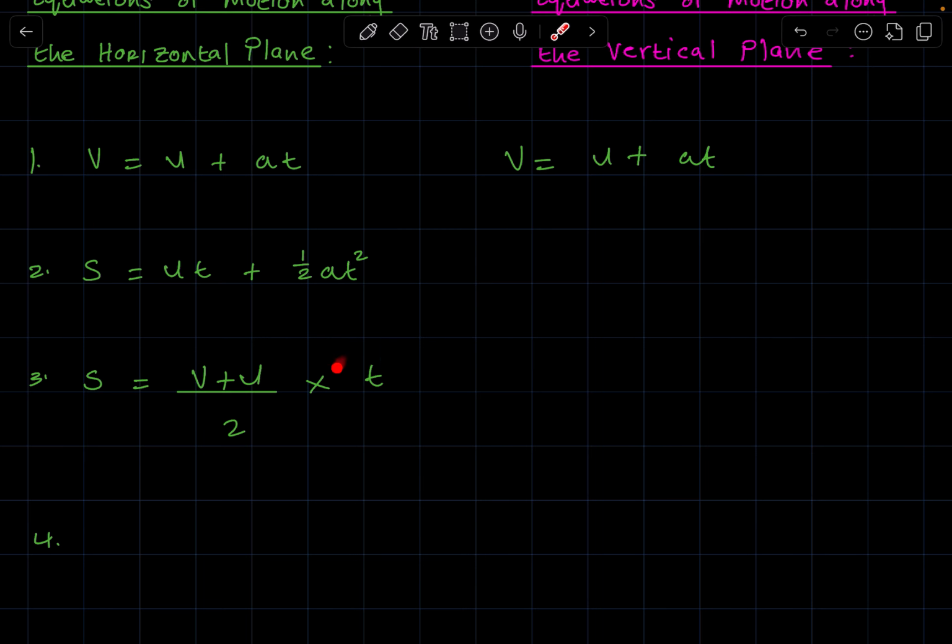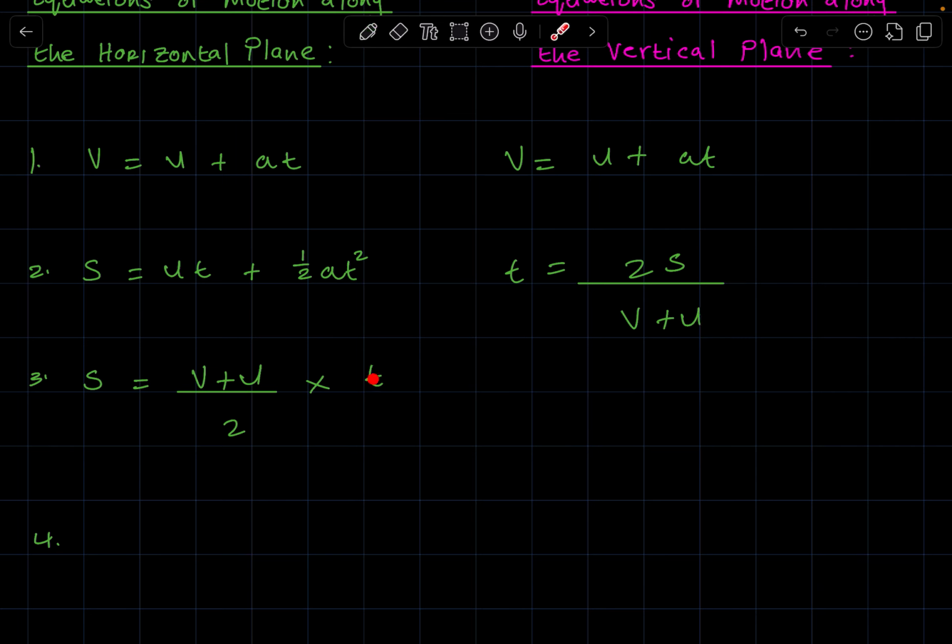To make t the subject of the formula, we need to get rid of this mathematically. You don't just get rid of it, but you get rid of it mathematically. So it means you have to multiply this side by 2 and that side by 2 to get rid of that 2. So essentially t will be equal to 2s divided by v plus u.